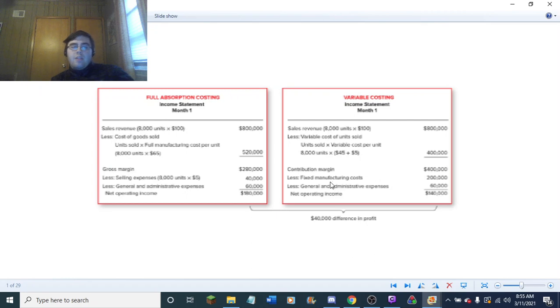So when you're calculating the fixed manufacturing costs, that's when you use the amount of units that you produced, not sold. I don't know.